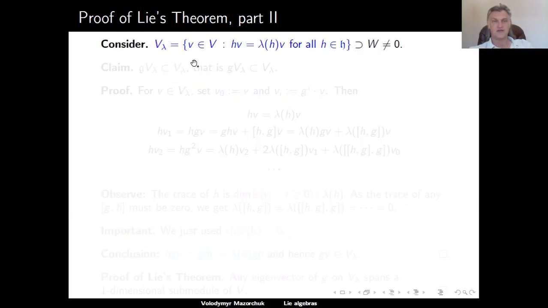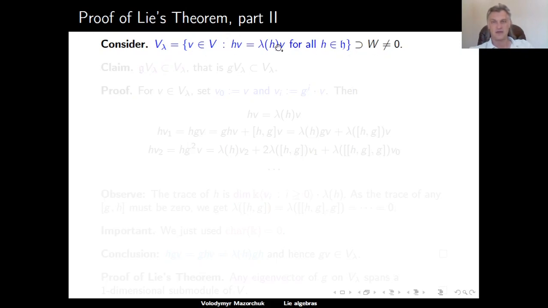Now we can consider the set of all elements v in V with this property. So we consider the set of all elements v in V such that if we apply h to v, where h is an arbitrary element of our Lie algebra H, then h v is equal to the scalar lambda of h applied to v. Because of the previous slide, this set contains our w, because the basis element of W has this property.